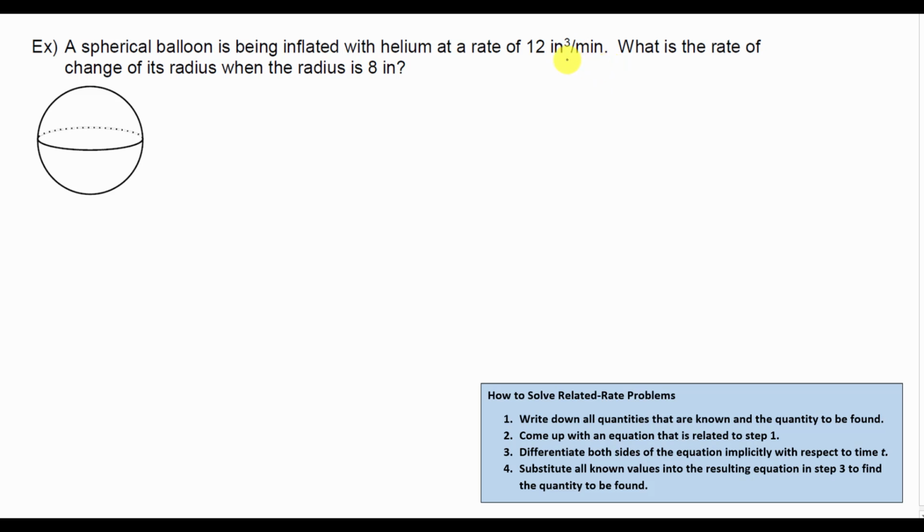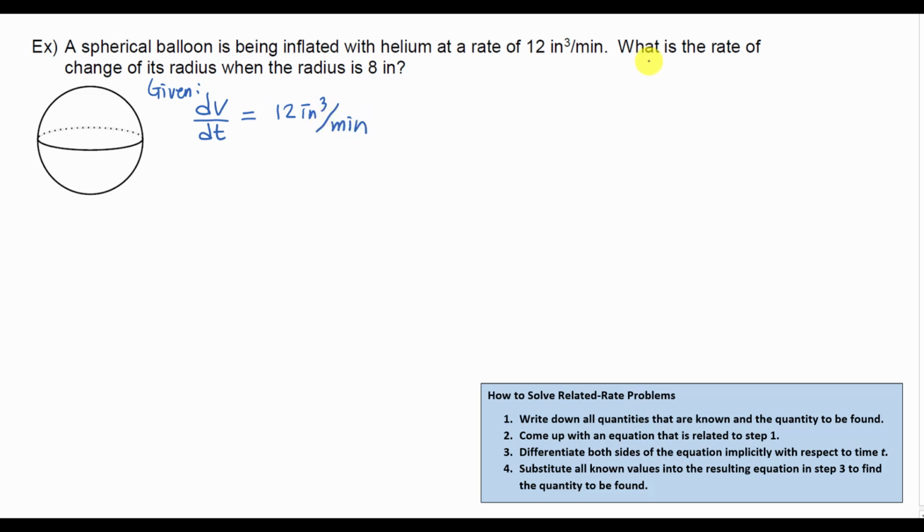So what is changing here? The volume is changing. That's right. So the rate of change of volume with respect to t is what's given, and is it positive or negative? It is being inflated, so it's getting bigger. So it is positive. It's increasing, 12 inch cube per minute.